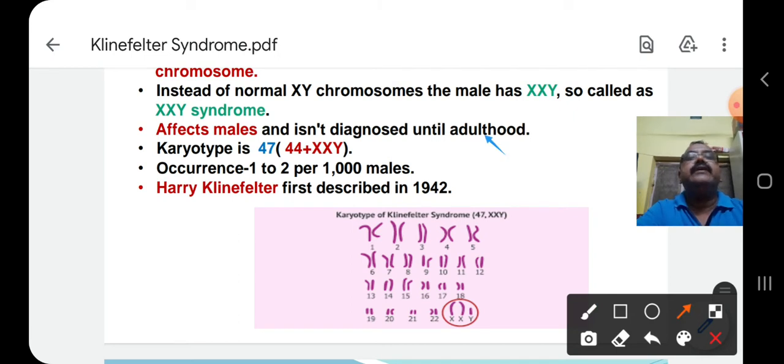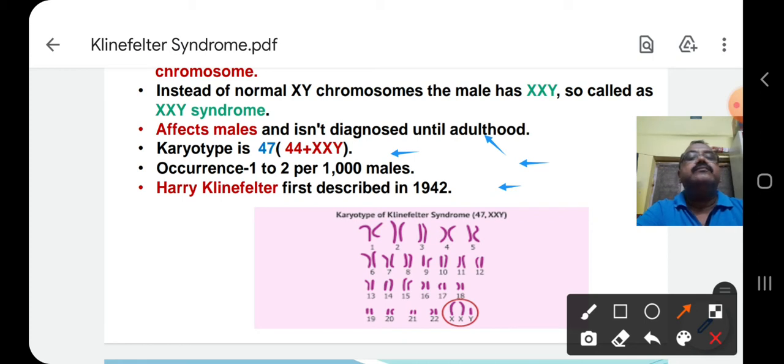The karyotype is 47, having 44 plus XXY chromosomal makeup. It occurs in 1 to 2 per 1000 males. Harry Klinefelter first described this syndrome in 1942.